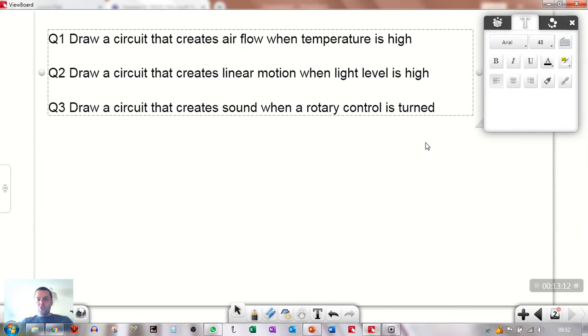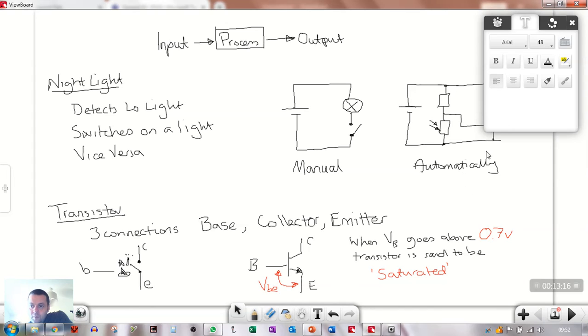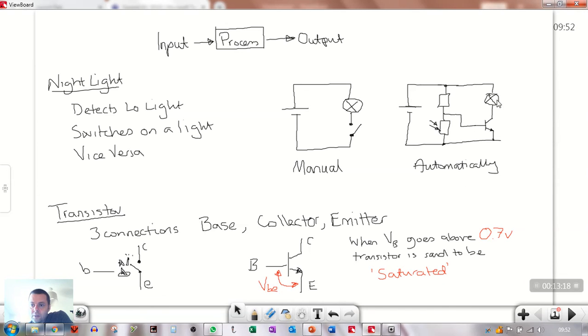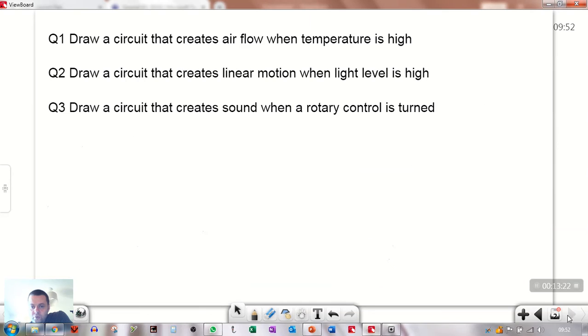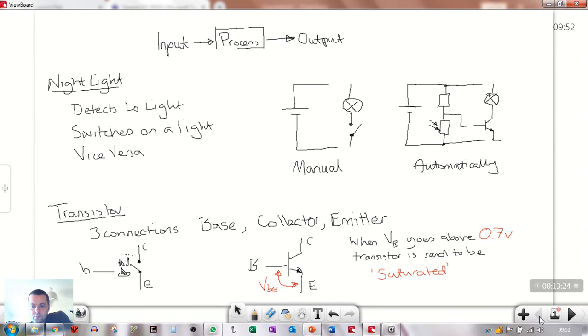Just to clarify, this circuit creates light when light level is low. You've then got another 3 to do.